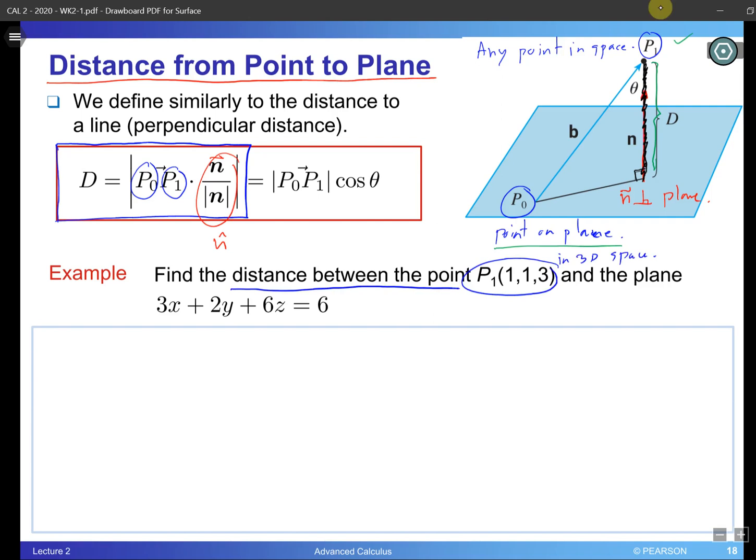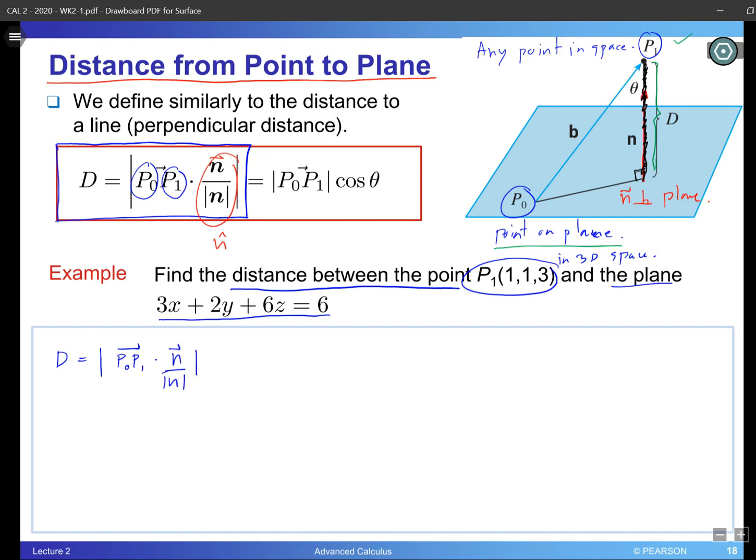And of course, they give us the equation for the plane to be 3x plus 2y plus 6z equal to 6. Right? Now we are going to use the formula right away. D equal to the absolute value of vector P0P1 dot vector n, divided by the size of n.